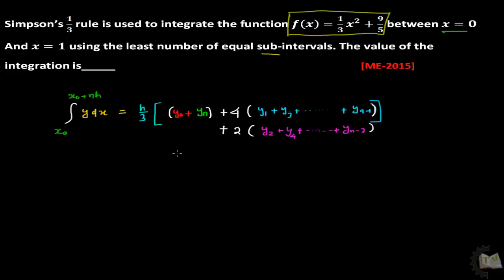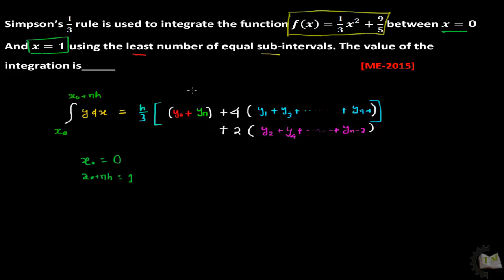You take lower limit x0, that is 0, and higher limit, that is x0 plus nh, that will be 1, and h. The value of h is not given, but you have to find it. Given that we use the least number of equal sub-intervals, n.